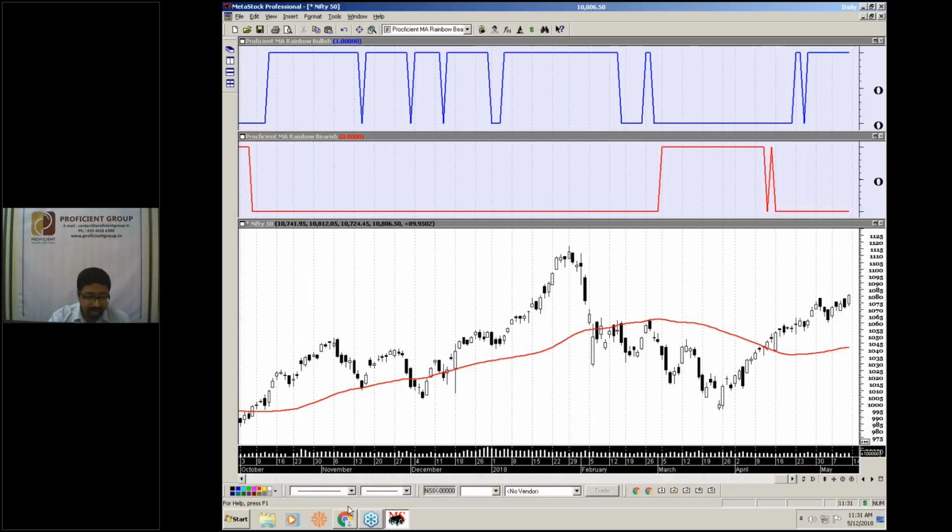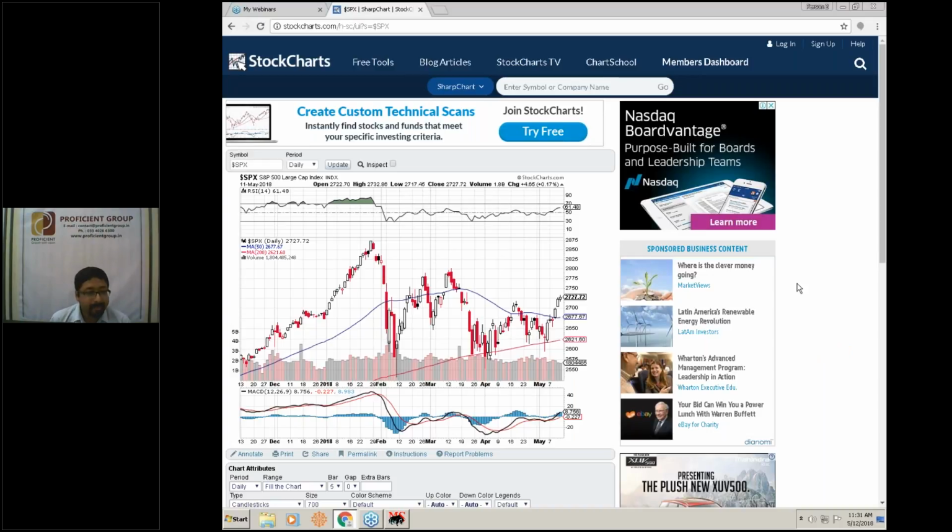Today, as usual, we will again start with the American index, the global index, the SPX, which is the S&P 500. This is the daily chart of S&P 500, as you can see.